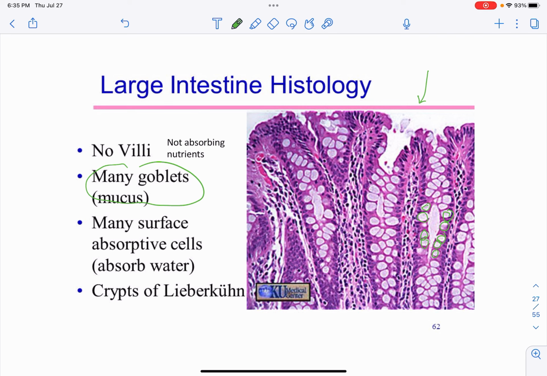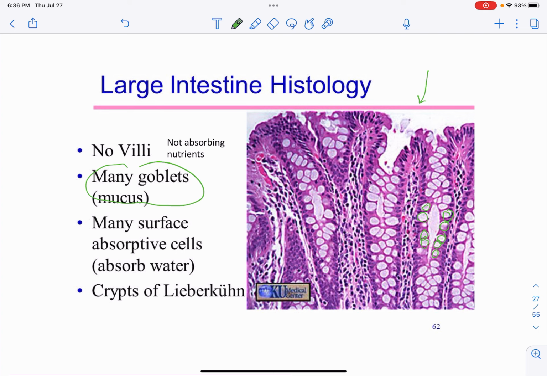When we've entered the large intestine, we have lost all the villi. We don't need villi anymore in the large intestine because we are not absorbing any nutrients at this point. If anything, we're going to reabsorb some remaining water.